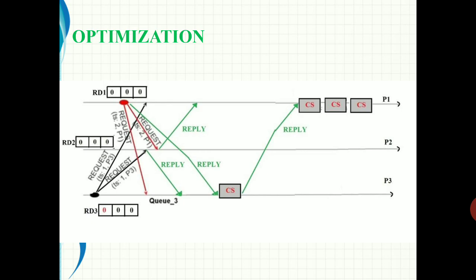So the number of request messages and reply messages will decrease in this situation. In some situations, it need not send any message to enter the critical section. In some situations, it needs to send n-1 messages to enter the critical section. So for both request and reply, it may vary from 0 to n-1.